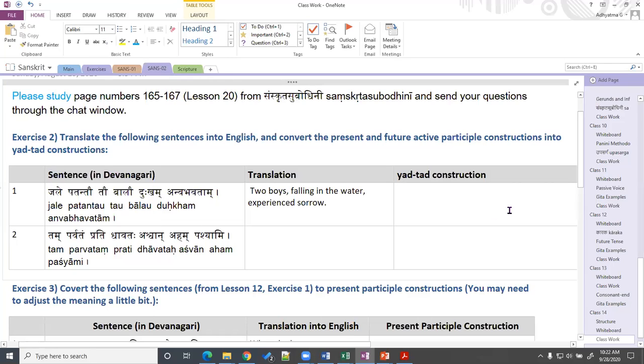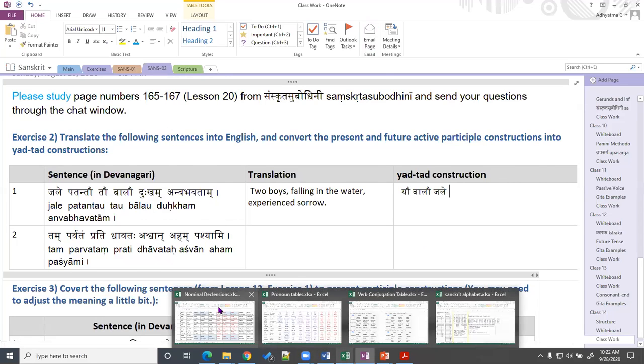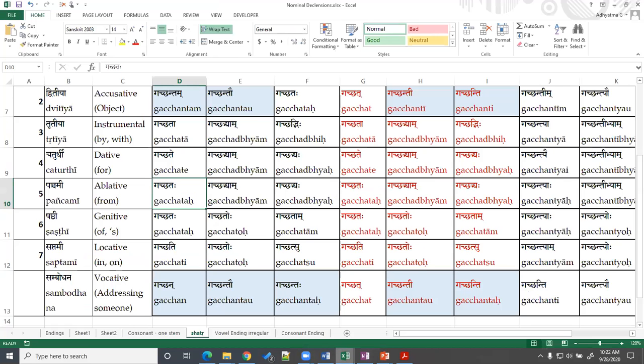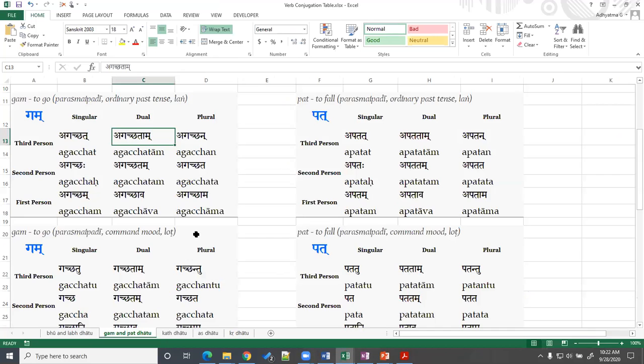So how will you make it here? Yau balau jale, and then the third person dual form, lat lakara.